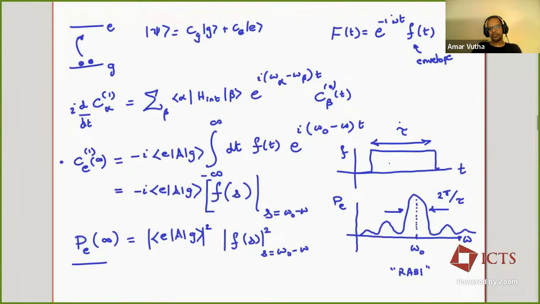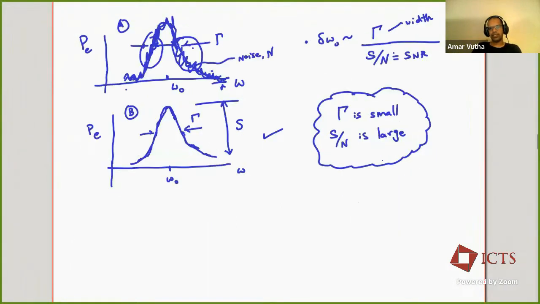If you think back to the analysis that we did, you'll realize that making gamma small is the same as making the interaction time between the field and the atom as large as possible. That interaction time between the field and atom is often called the coherence time.